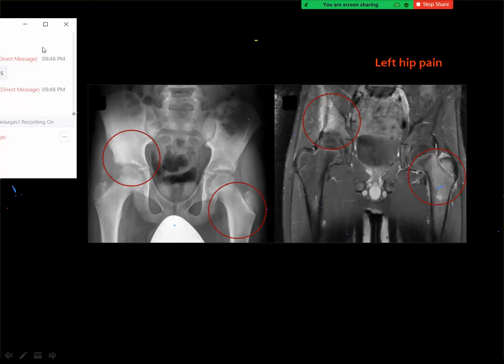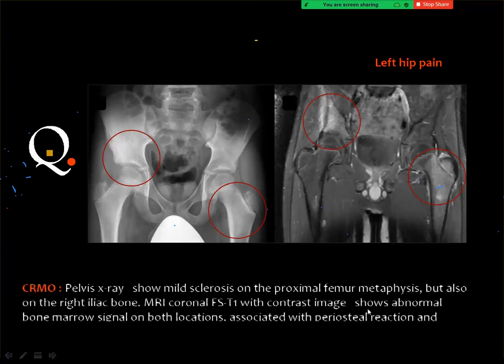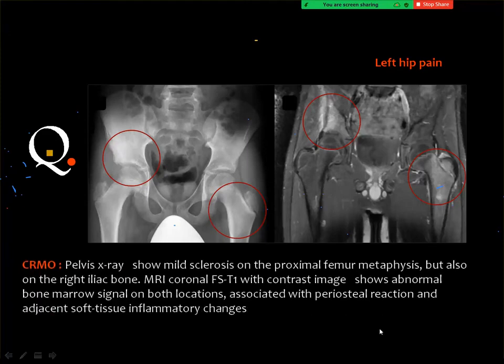Yes, and this is chronic recurrent multifocal osteomyelitis, as I have mentioned before, and I said that this lesion is frequently seen in clinical practice, so you should remember this possibility. You have a young person with multiple areas of bone marrow edema, no history of trauma, and no significant signs of infection. Then one of the classic histories, whenever you hear it, is the recurrence. This is a recurrent disease.